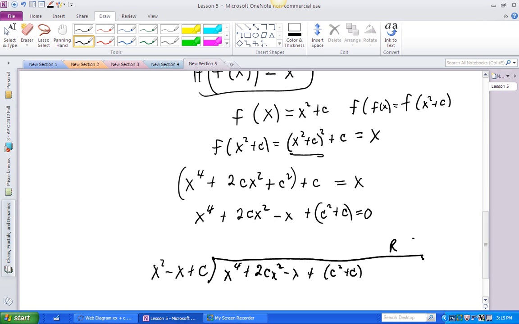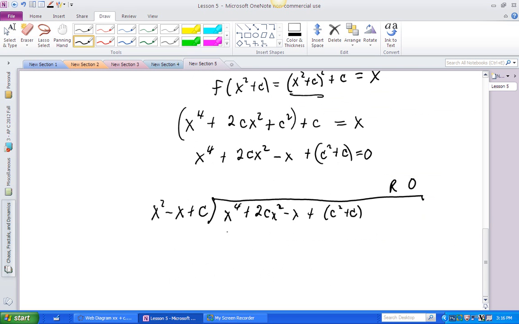And I know that's got to go evenly into it, because if it's a single fixed point and you do it again, it's still a fixed point. So the single fixed point will also be a solution to the 2-cycle equation. So I'm going to do that long division, and here we go.